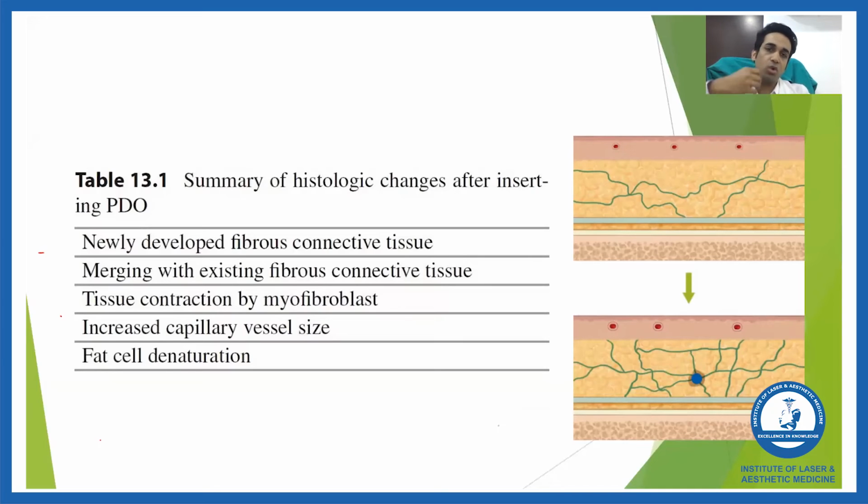Why? Because it is already creating so much collagen naturally that it might just hold it for you. But again, that depends on the classification of aging. If you're lying somewhere on type 3 and type 4, then sorry, even after 6 months it is going to droop down again. You will definitely require another thread session, right?